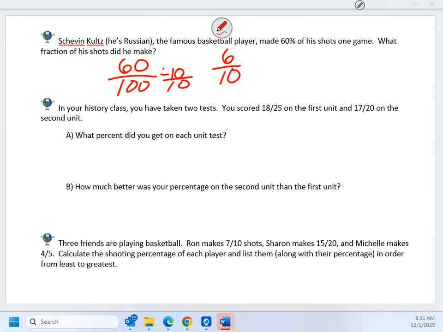Matt, why are you shaking your head? Because you can divide both of those by 2. I can still go smaller, and I can divide both by 2. 6 divided by 2 is 3. 10 divided by 2 is 5. Now am I done? Yes, that is as low as I can go.